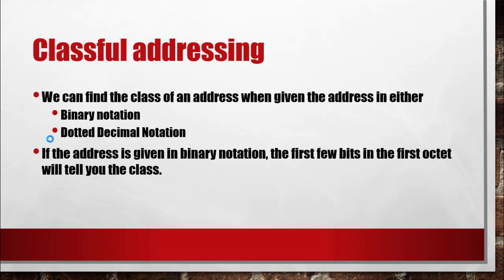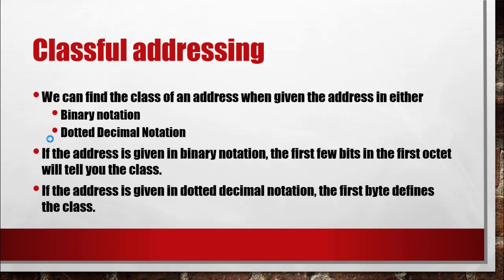If the address is given in binary notation, we use the first octet to tell whether it belongs to class A, B, C, or D. If it is given in dotted decimal notation, the first byte defines the class, that means the decimal value of the first octet. So using either notation, you can find out which class an IP address belongs to.